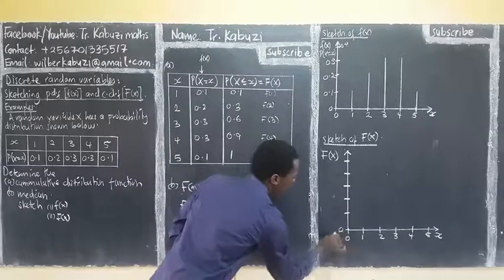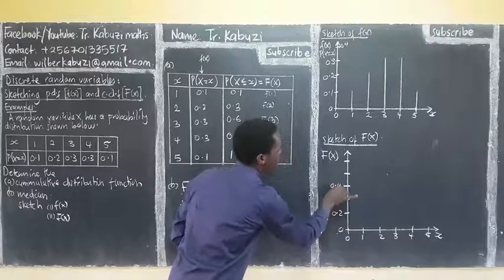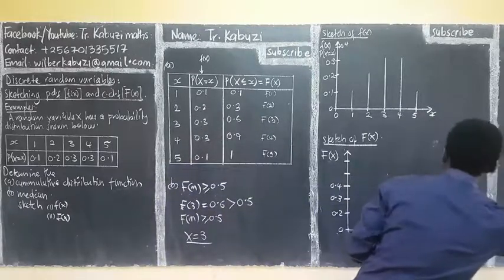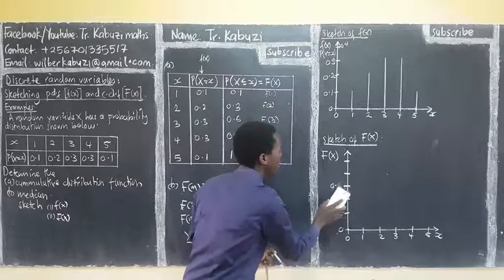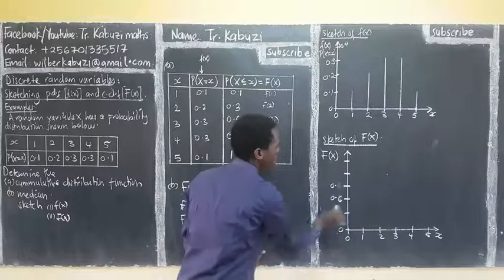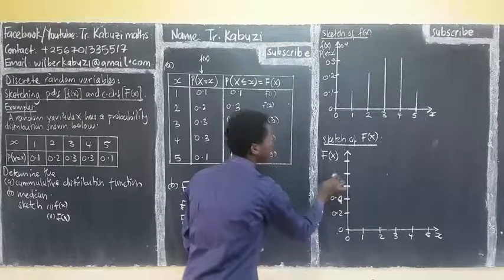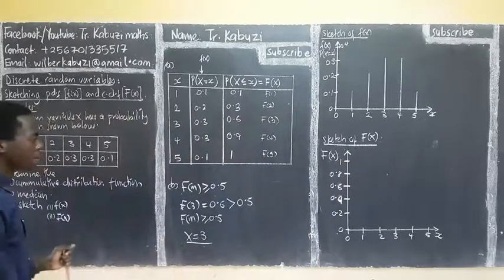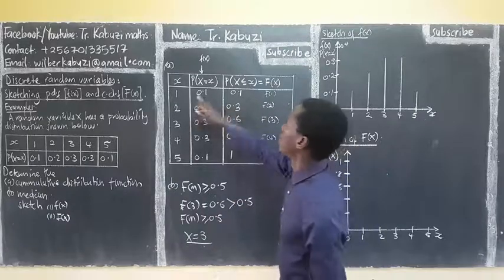If this is 0, then this is going to be 0.2, 0.4, 0.6, 0.8, and then this will be 1. So I cover everything.